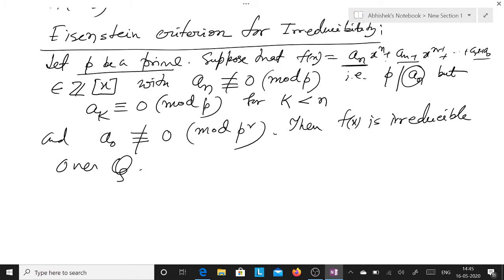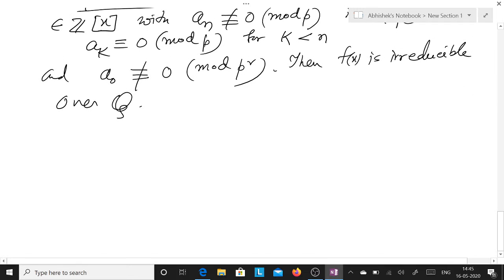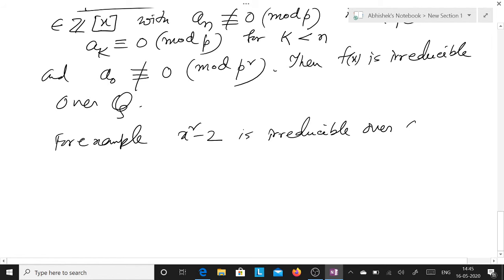Now let us again recall that we have already seen in the previous discussion that the polynomial x square minus 2, it has been checked that it is irreducible over Q. Now we need to check this irreducibility of this polynomial in terms of Eisenstein criteria of irreducibility.